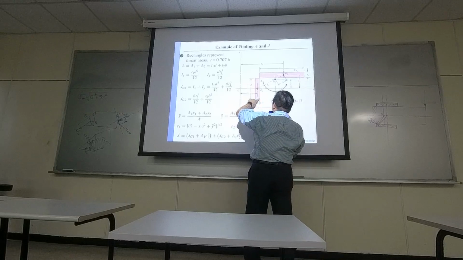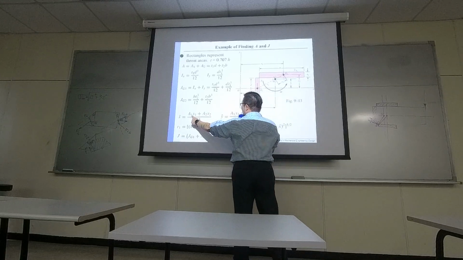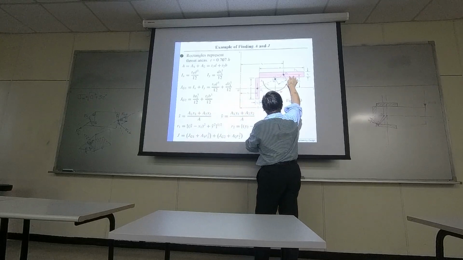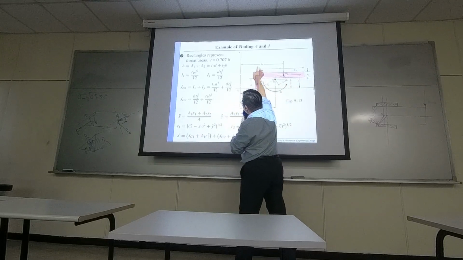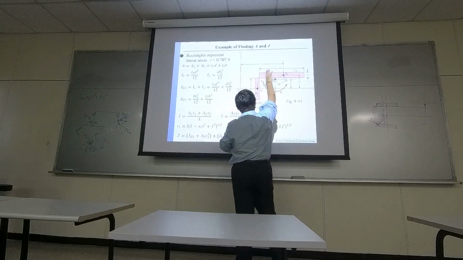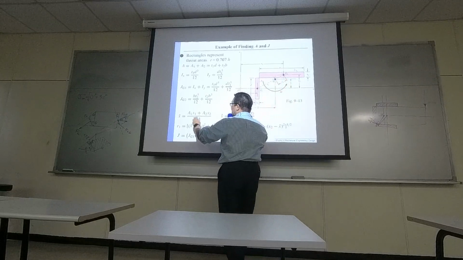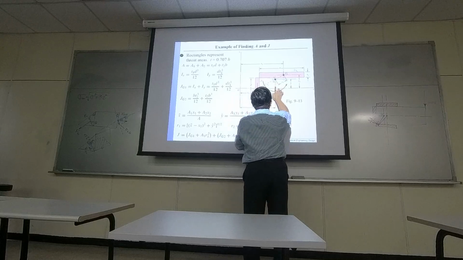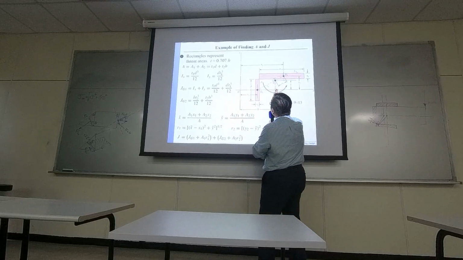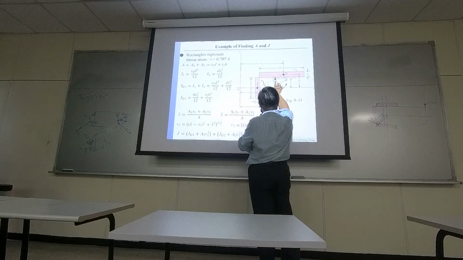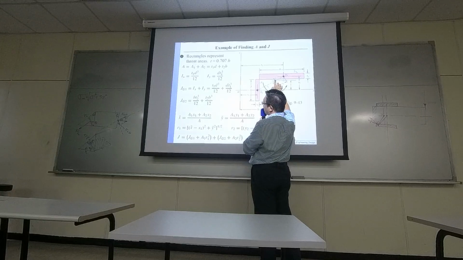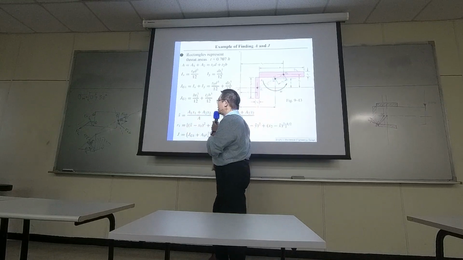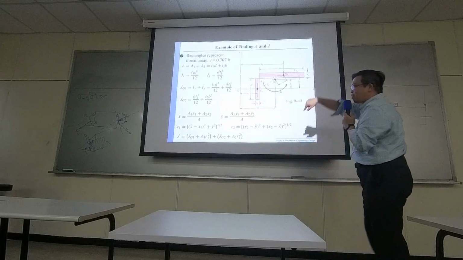A2 times x2 also has a clockwise moment. But A times x bar is the counterclockwise moment due to the support. That's how you can compute x bar.